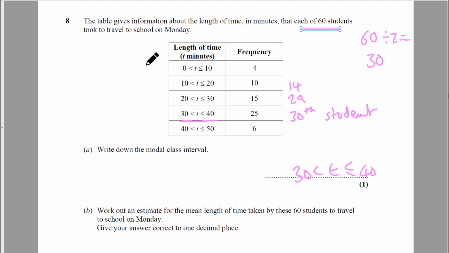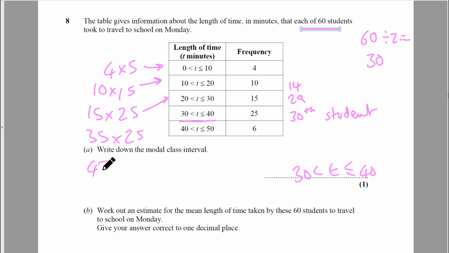So frequency is 4, you take the midpoint here, so you'll do 4 times 5, 10 times 15, 15 times 25, 35, oh, have I lined it up right? 15 times 10 is, yeah, that's for this one, 15 times 25 is this one, 35 times 25, and 45 times 6 equals, and this is your working out, you should write this working out down.